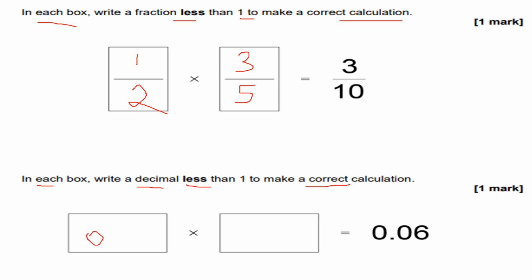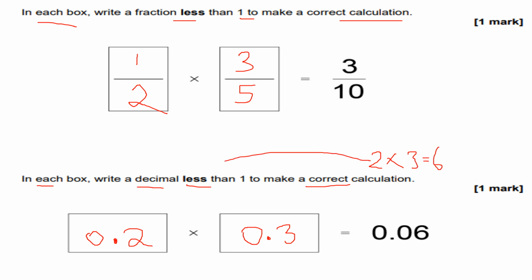Well, 0.2 multiplied by 0.3 gives you 0.06, and that's the answer for that question, because multiplying decimals, 2 times 3 is 6, and then counting my decimal places, I've got 1 and I've got 2, so my final answer has to have 2 decimal places after the decimal point.